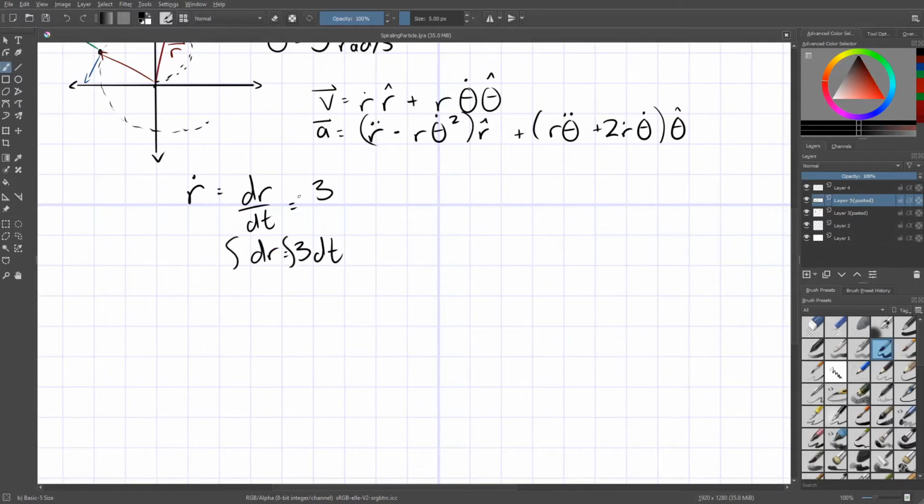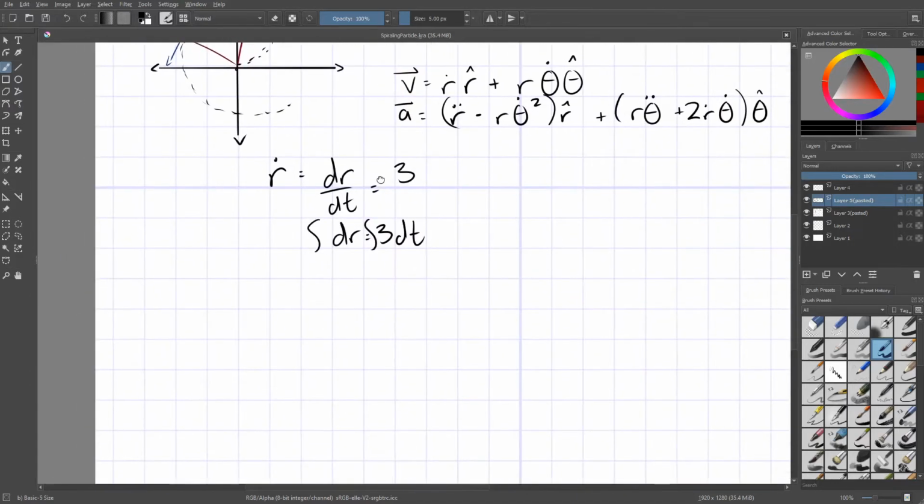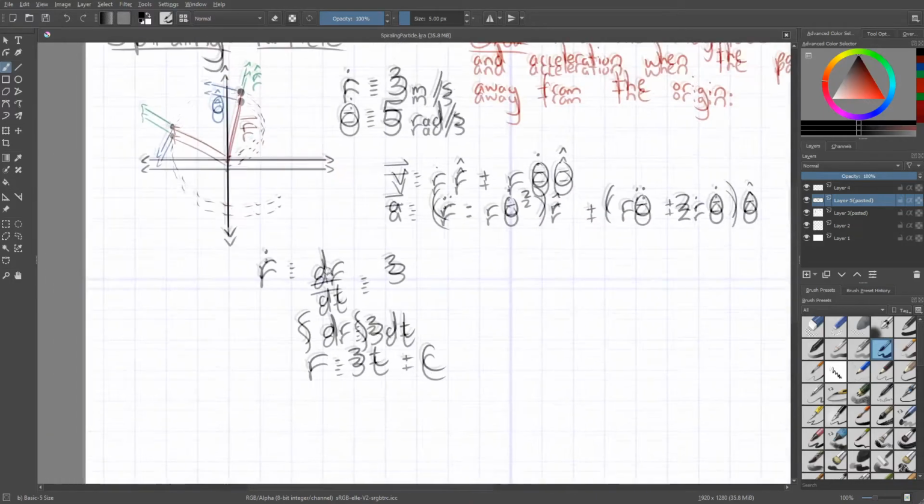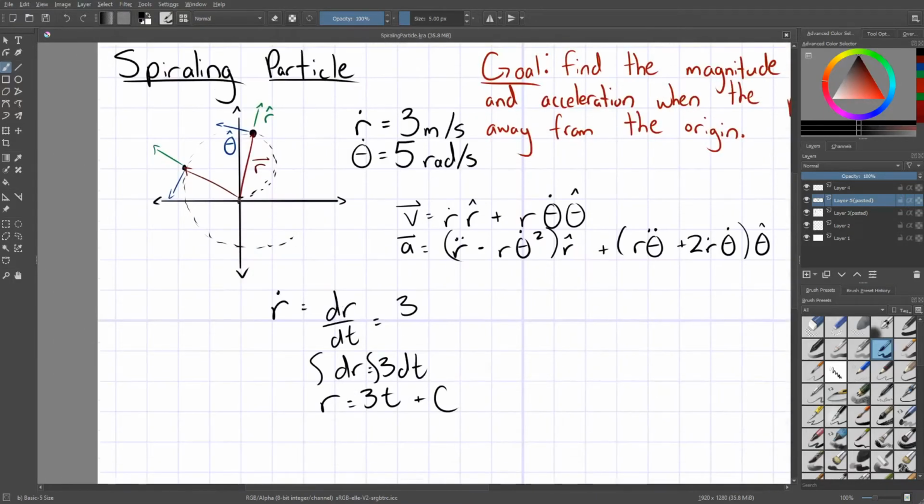And then we integrate both of these. And so we end up getting that r equals 3t plus some constant c, which realistically is going to be 0, right? Because we said that our initial position is just the origin.